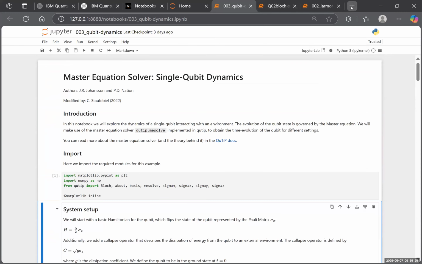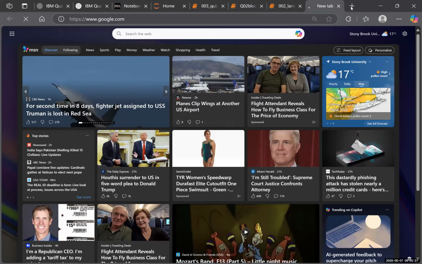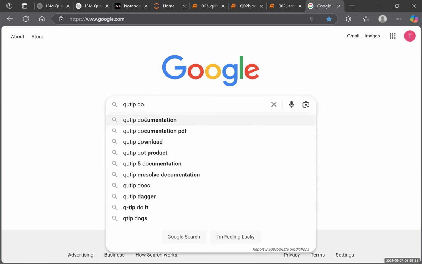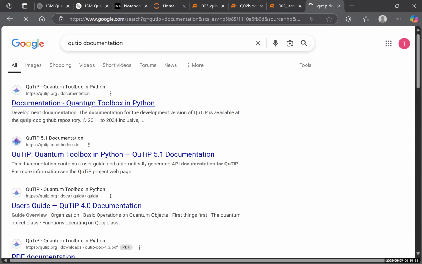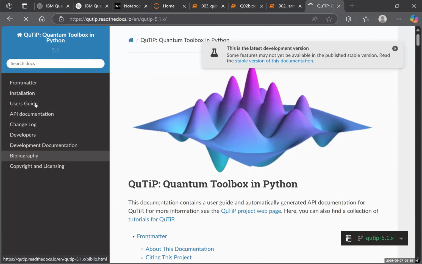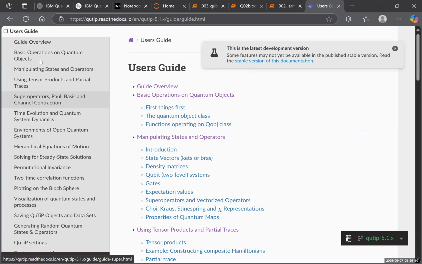I just search QuTiP documentation. User guide, evolution.